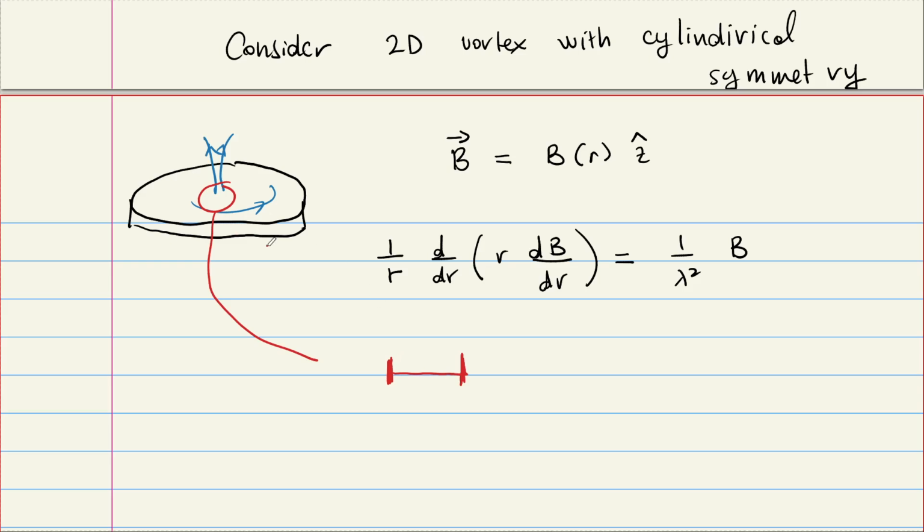If you look at the vortex, you are going to see a hole, and the size of this hole is of the order of the Cooper pair size. And there is going to be a region where there is a magnetic field, of the order of lambda. And if you go beyond lambda, the magnetic field has decayed exponentially. Beyond here, B is equal to 0. So that's the physics.